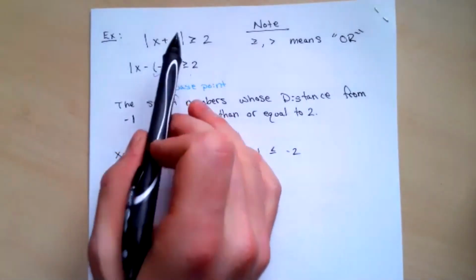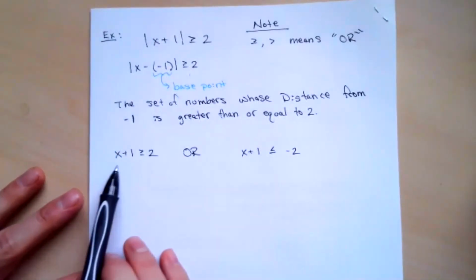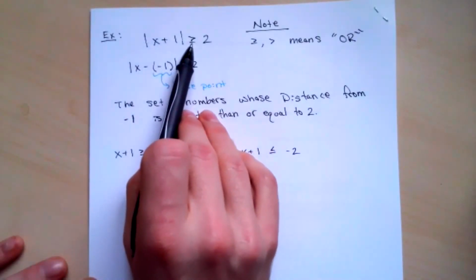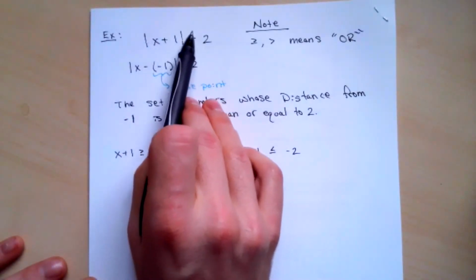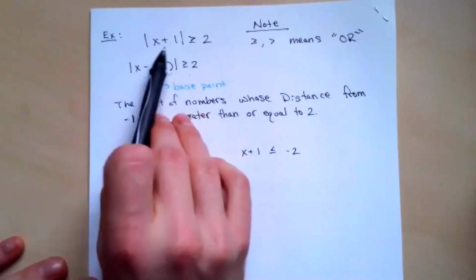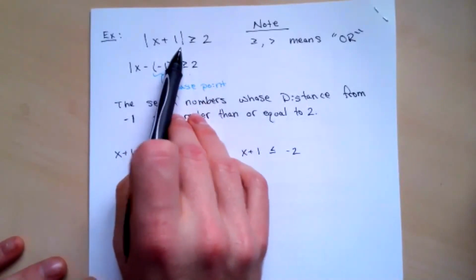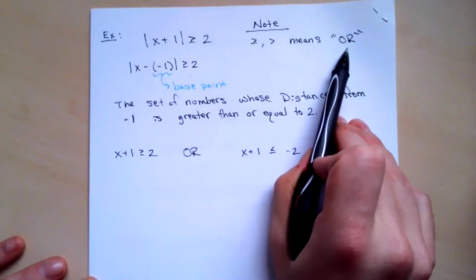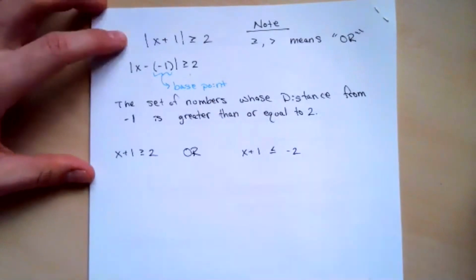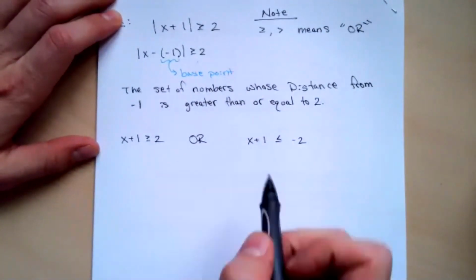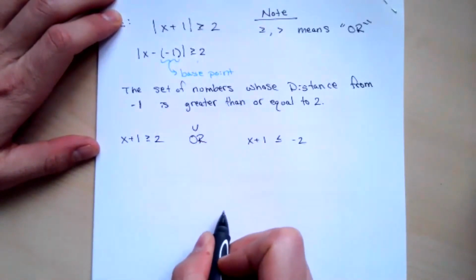And then our next step to get rid of that, we split it into two different equations. And it's the inequality that remains when you have it reduced to this form, when it's just an absolute value on one side, that gives us the logical statement. So I'll repeat that as we get going. So we have an or, and remember, or means union.